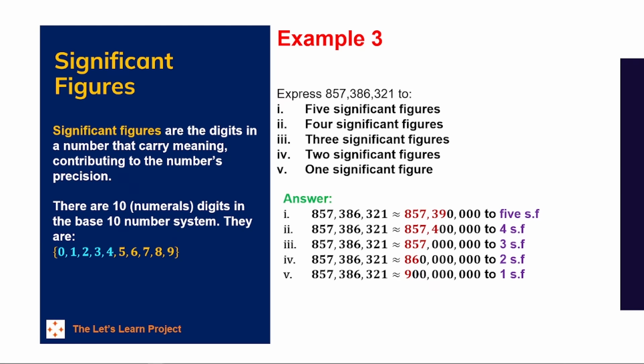So that is why we have 857,400,000. When you are rounding it to 3 significant figures, similarly, you have to take the first 3 significant figures, then you look at the number to the right of the last significant figure, and then you round, and then you write zeros to replace the other numbers that you didn't consider.